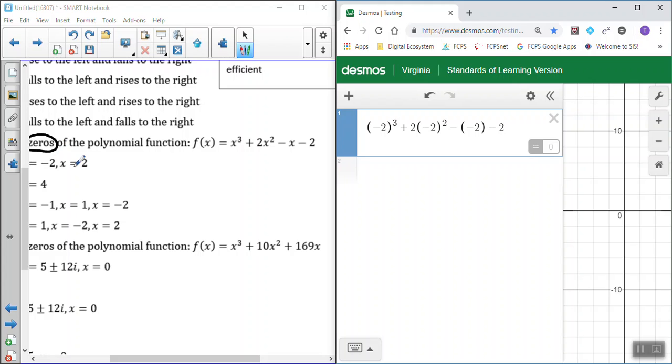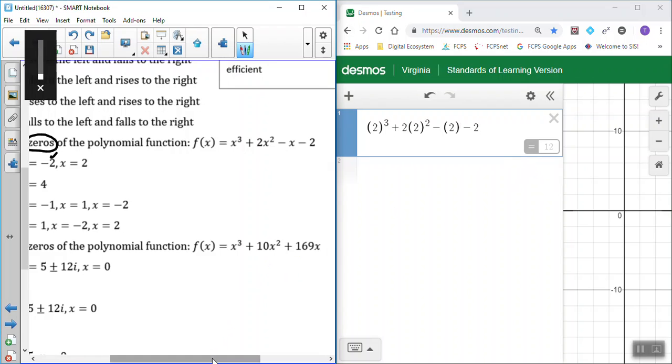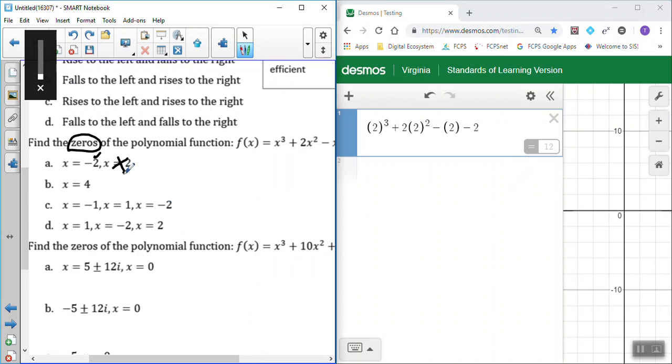So we can say that this is a 0 of a function. Okay, now we have to check this one. So what I'm going to do is I'm just going to take out the negative, make all my -2 as positive. See if it gives me 0. Nope, it doesn't give me 0. It gives me 12. So we can say that this is not a 0. So it cannot be A.